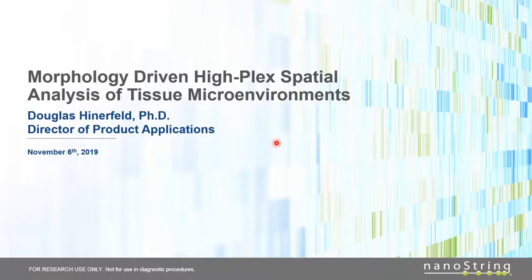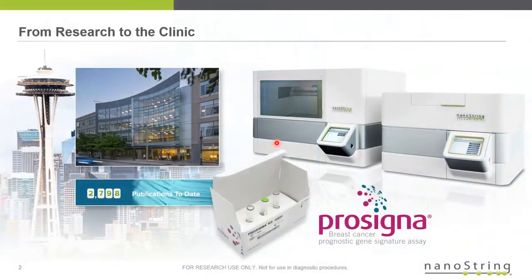All right, thank you very much. So today I'm going to talk about morphology-driven high-plex spatial analysis of the tissue microenvironment. NanoString is a Seattle-based company. Our core technology has been the nCounter technology, which is used primarily, historically, to analyze RNA from clinical samples and other types of samples.